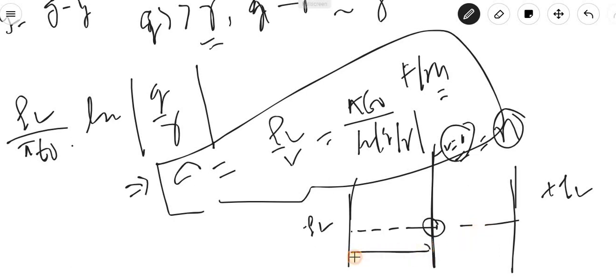The voltage difference is from this point to the neutral, and from the other point to the neutral. This one is the negative potential, this is the positive potential, and this is the neutral line.